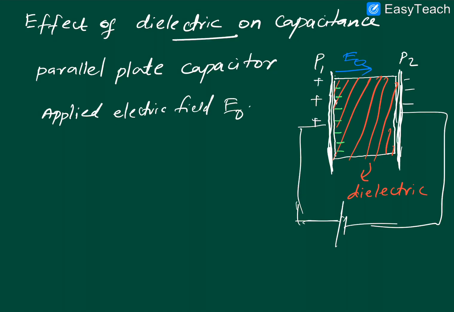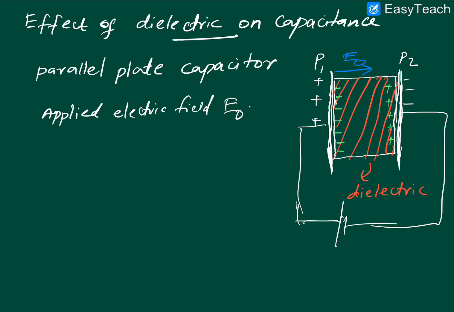And the atomic cores, that means the electrons are coming out and they are negatively charged, and the positively charged parts will move towards this side. It is actually atomic cores, but we will simply represent it by a plus sign. So positive charges will move towards the negative plate, and the negative charges will move towards the positive plate when you place the dielectric in this field.